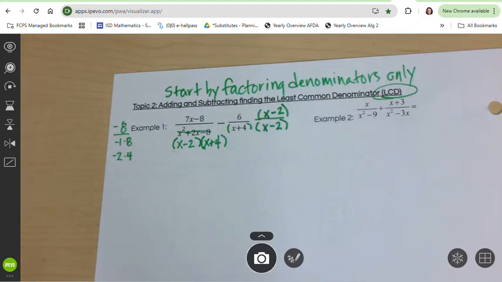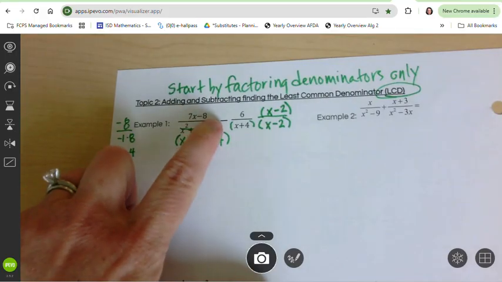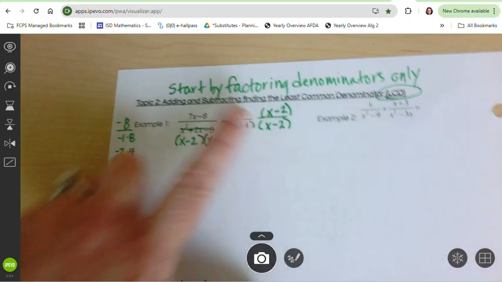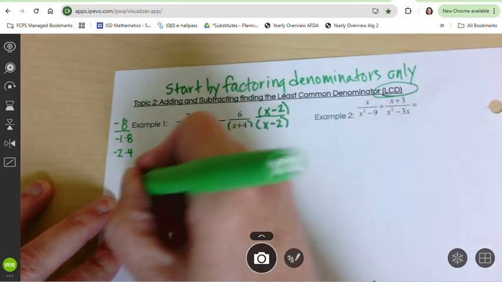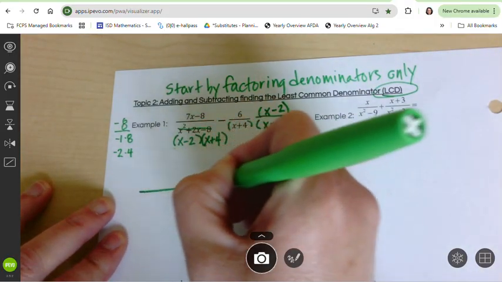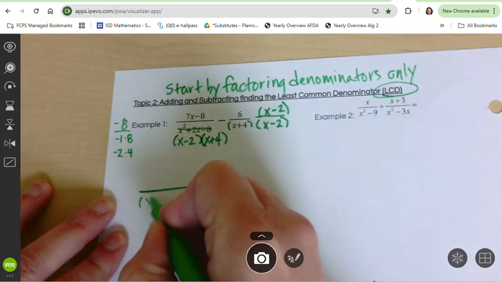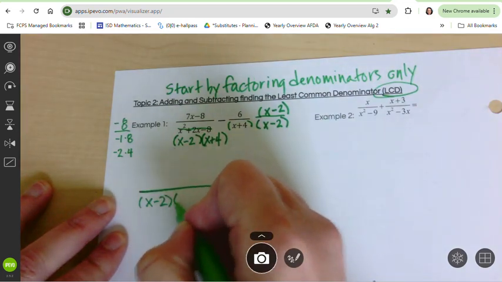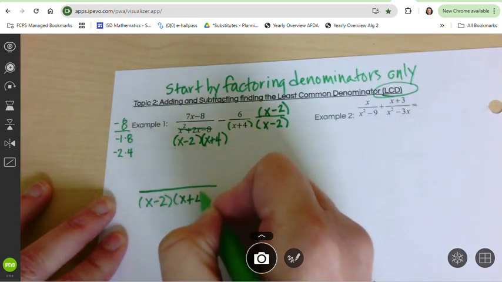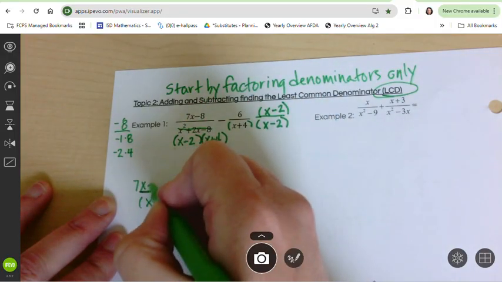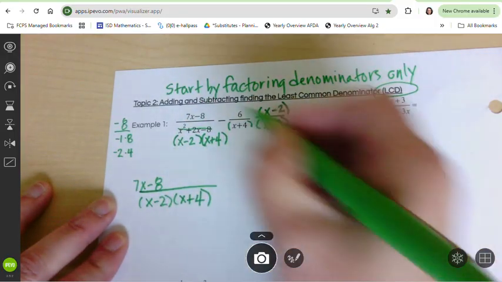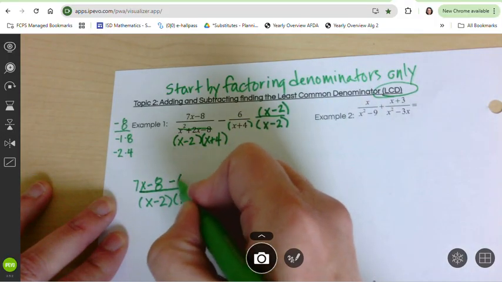All right. When we combine these, we're going to keep our common denominator, and we're going to have a subtraction that's going to distribute to all of this. So I'm just going to make a big fraction. Start over here. Remember, you just write the denominator one time. Then I have 7x minus 8 minus 6.